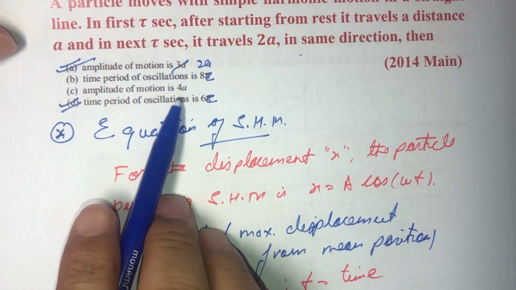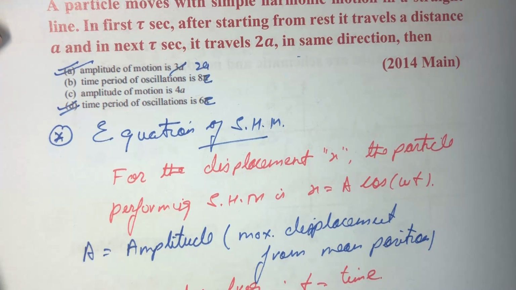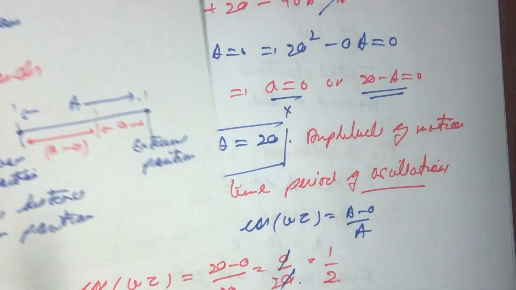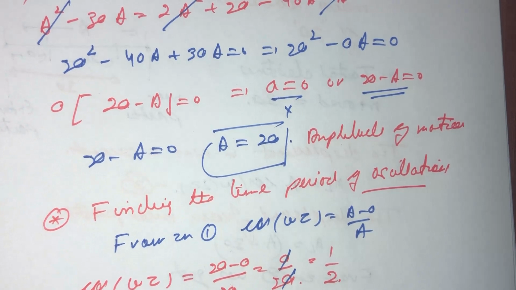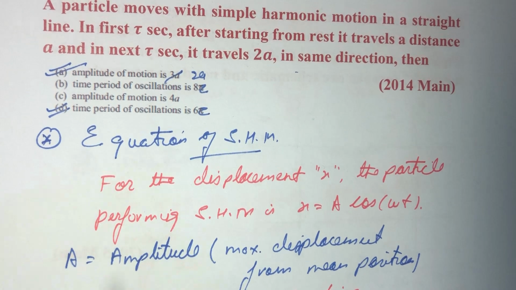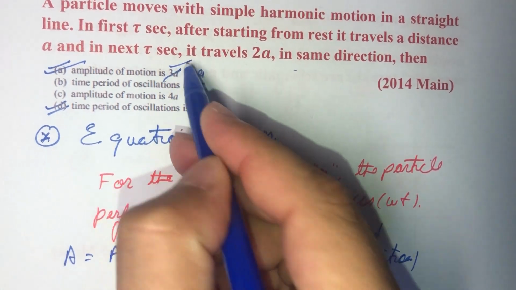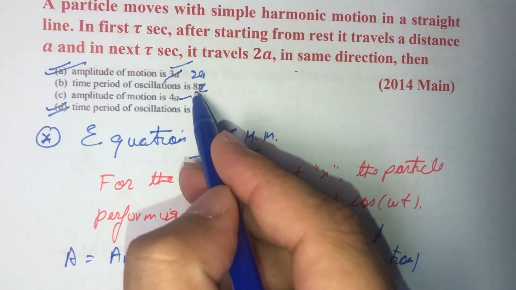Because amplitude is either 4, none of the options is correct. I think I copied the question wrong. So it should be 2a and 6 tau. So this completes the question. Here the options were correct. The options were given as 3a and 4a. The only problem was with 8.